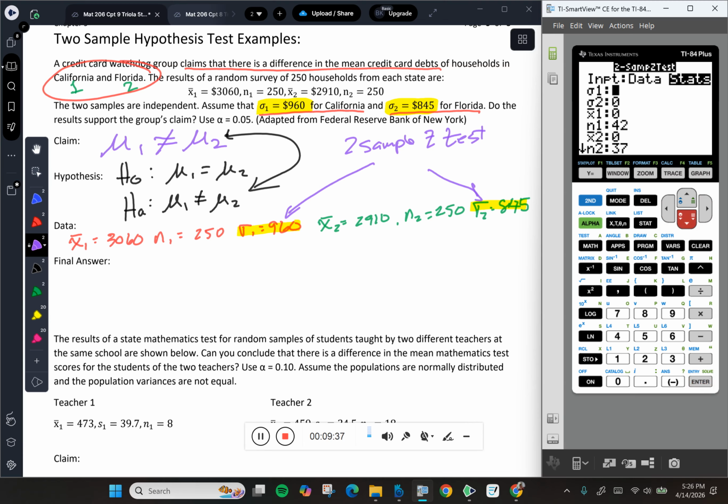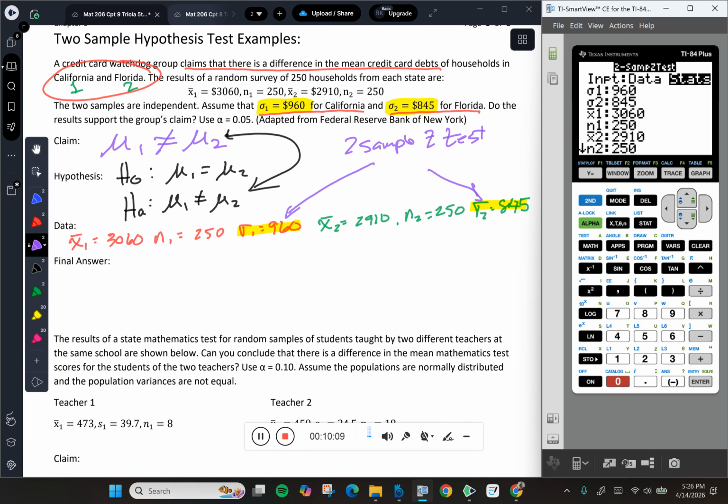Now, the order that they ask for these things is kind of wonky, so pay attention. It wants standard deviations first. So for whatever reason, 960 and then 845. And then it wants sample 1 data. So X bar was 3060, N sub 1 is 250, X bar sub 2 is 2910, N sub 2, 250.